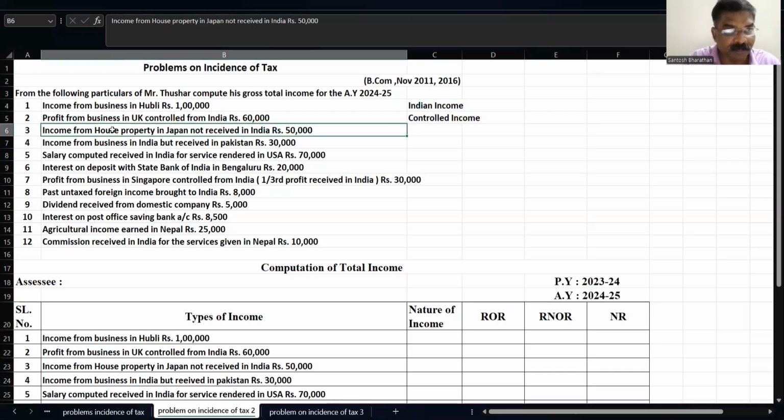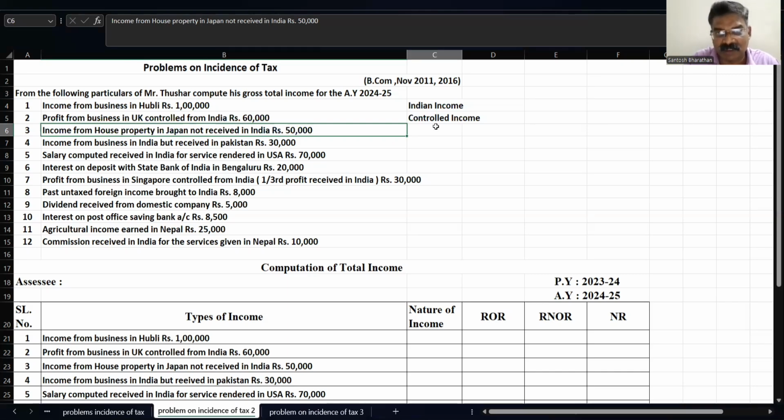Coming to the third point: income from house property in Japan, not received in India, rupees 50,000. The house is in Japan, the income is generated in Japan, but none of the amount is received in India. The revenue is earned in Japan, and India has nothing to do with it.